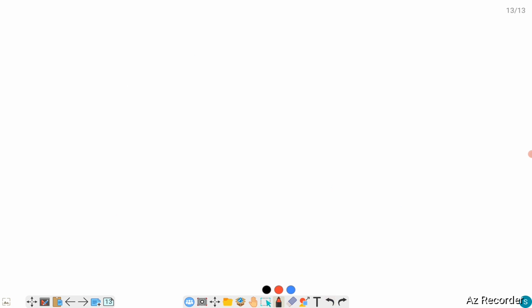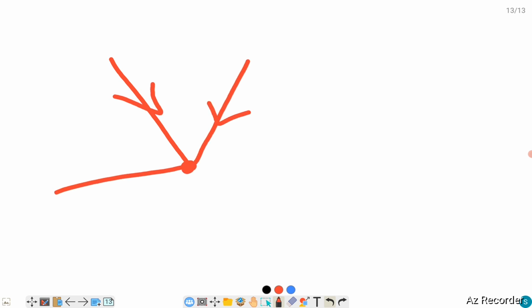Then from many places, if the light is joined at one point like this, see the arrow marks. I am showing arrow marks to this point. From different places, the light rays are meeting at one point. This point is the point of convergence.